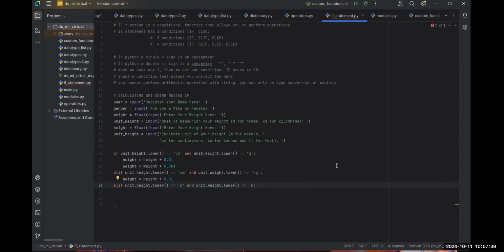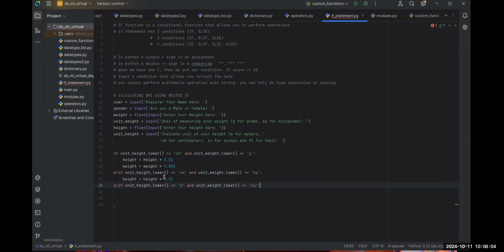Now, there should be no conversion because meter and kilogram would be direct. In the first one, we converted cm to meter, and we converted the weight to kilogram.